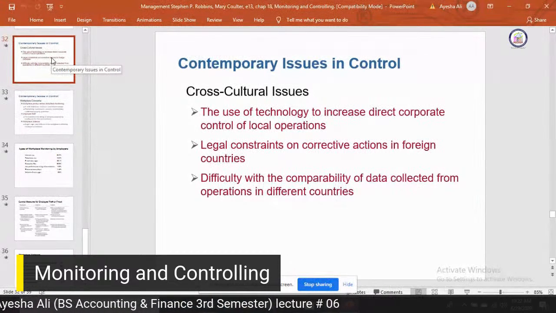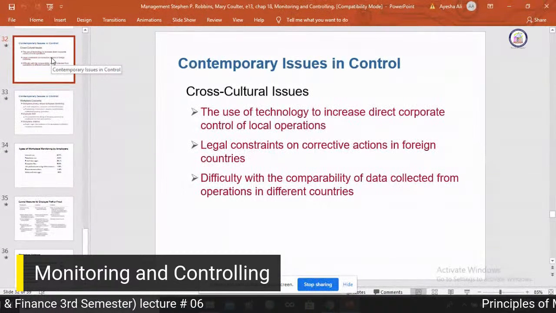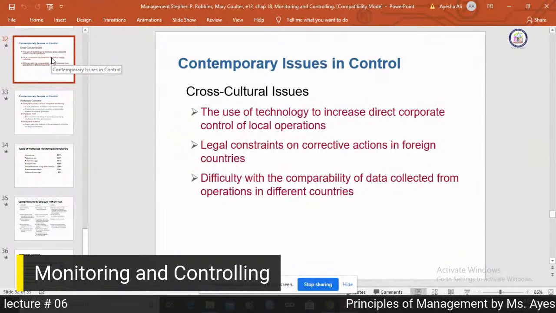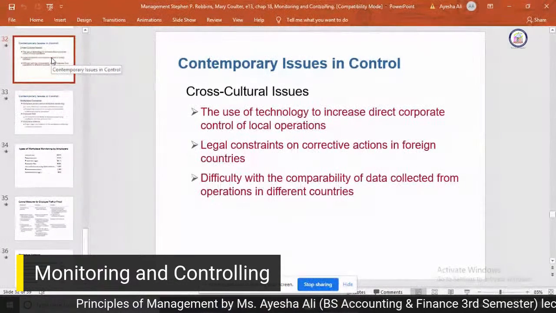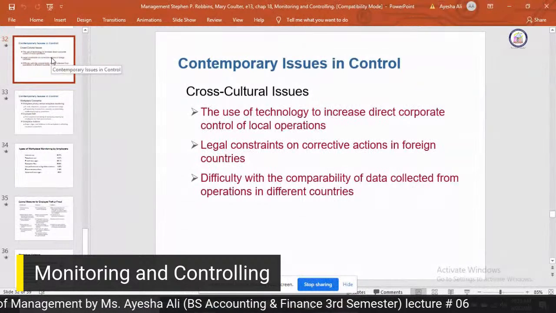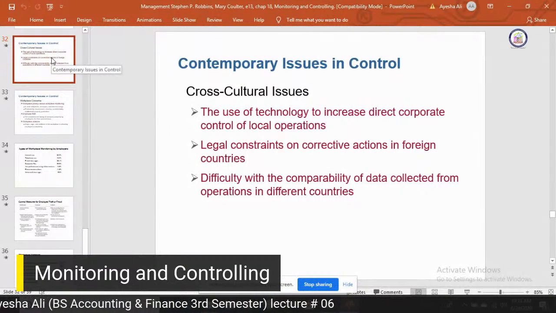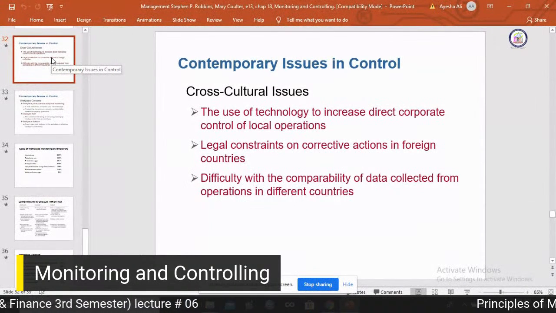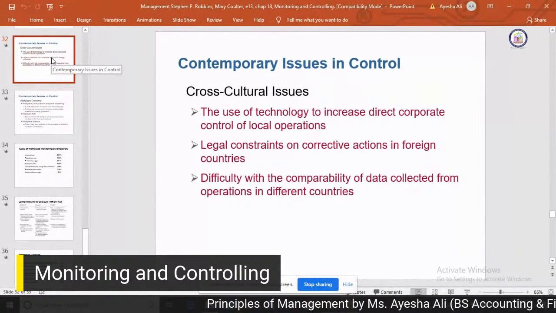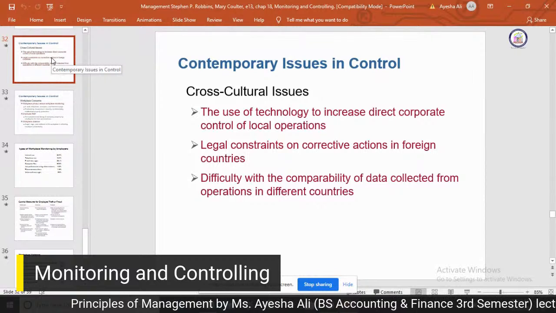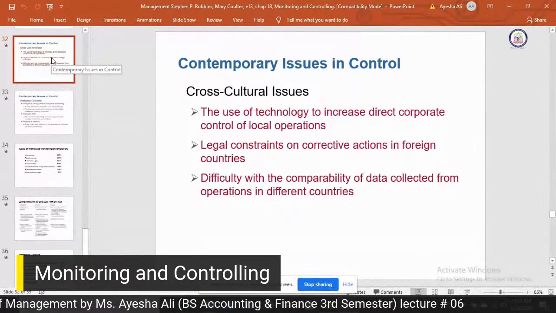So the first one is cross-cultural issues. Every country is not developed equally. Some are more developed, some are underdeveloped. So, the use of technology to increase direct corporate control of local operations.